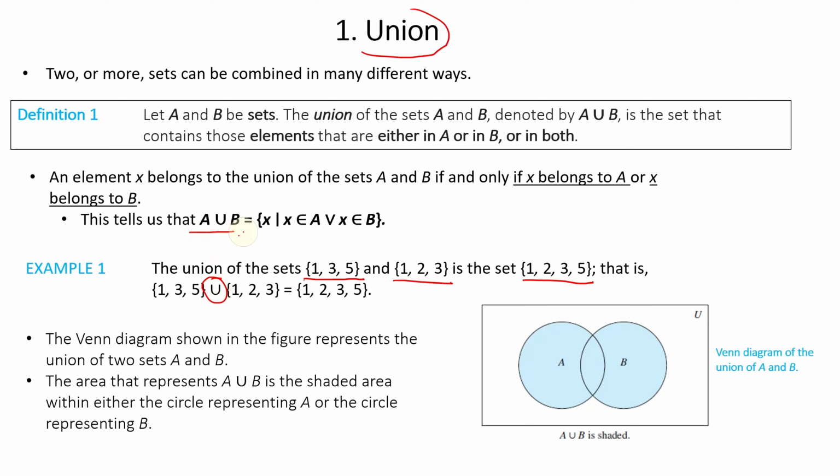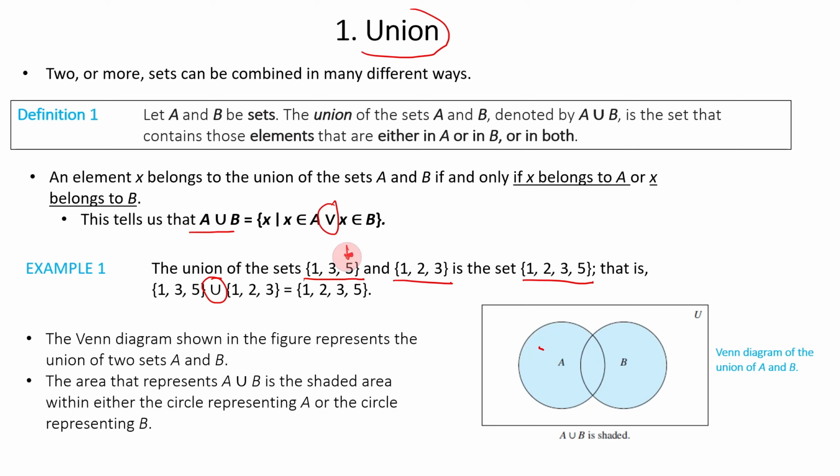So A U B means the union of A and B, which is all the X such that X is an element of A, or X is an element of B. Notice the or. That means if it's in A and not in B, it's going to be part of the answer. Like for example here, this is 5.